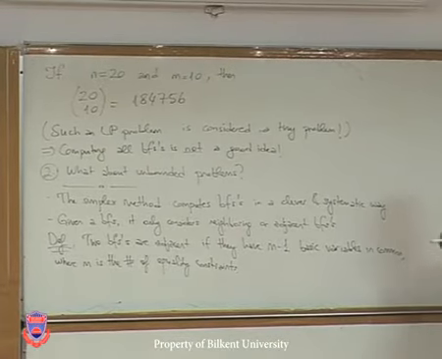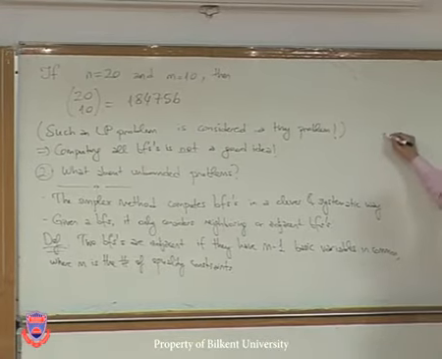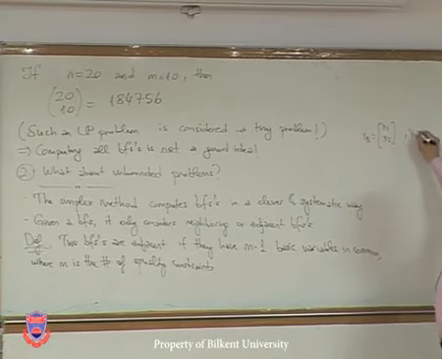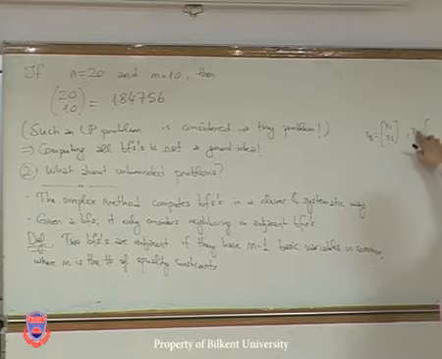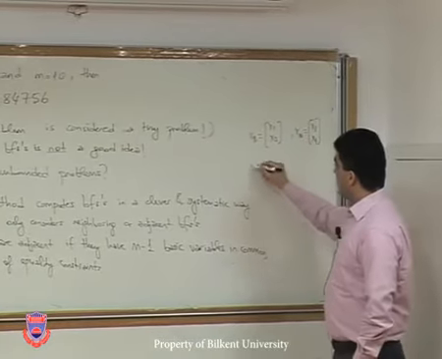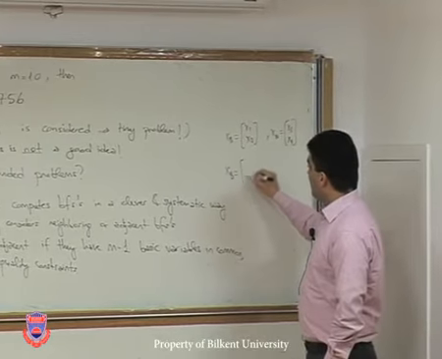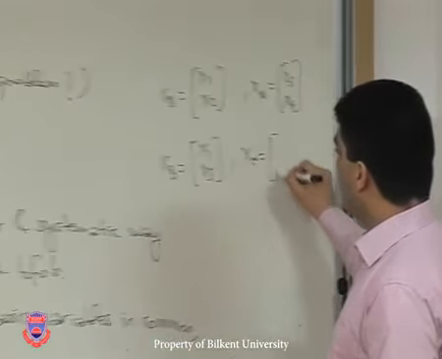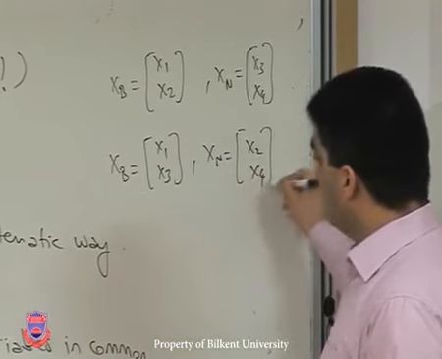Just to give you an idea, in one solution, my basic variables are x1 and x2, and my non-basic variables are x3 and x4. In another solution, I may have x1 and x3 as basic variables, and x2 and x4 as non-basic variables.